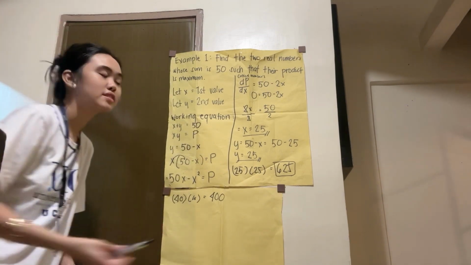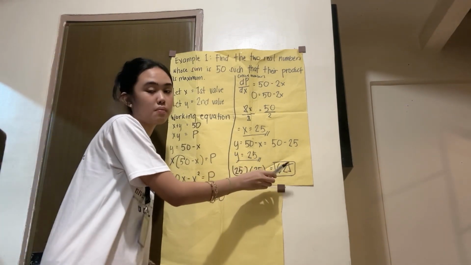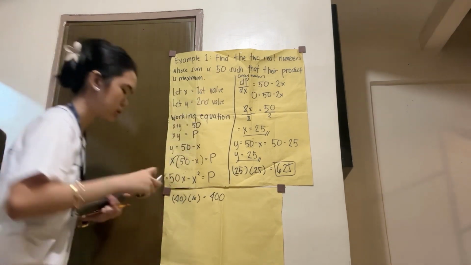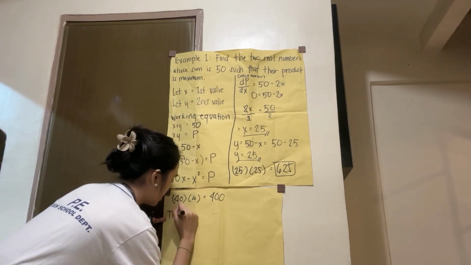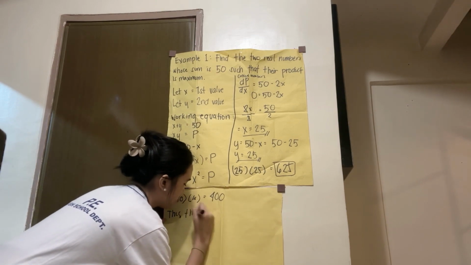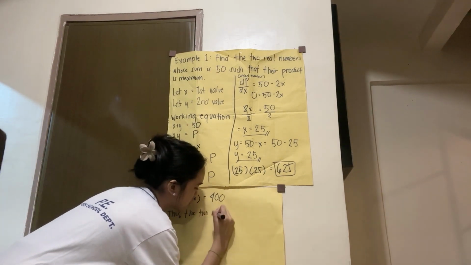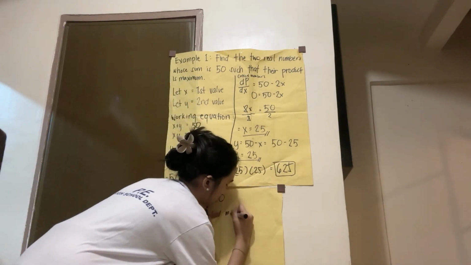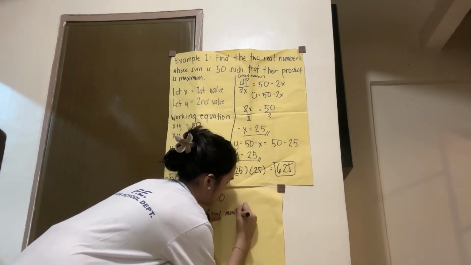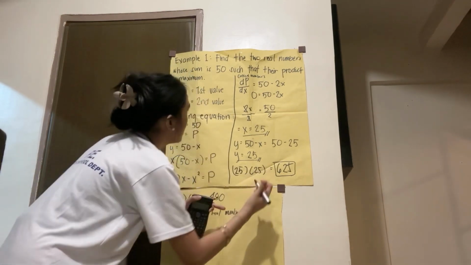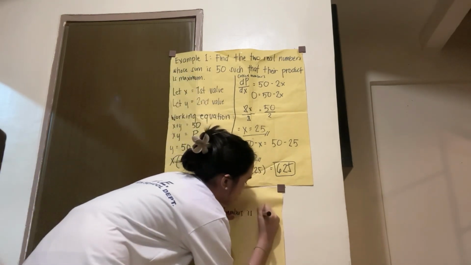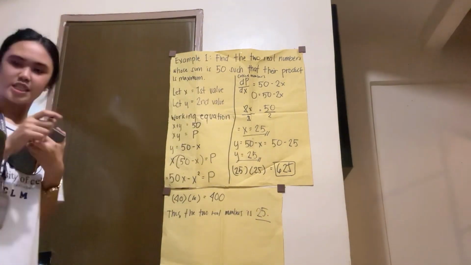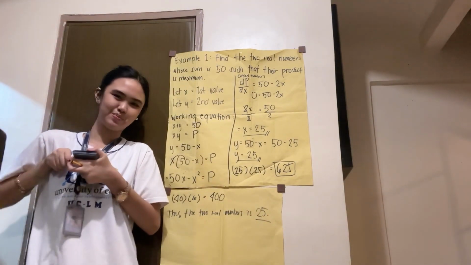So meaning to say, this one is bigger. This is the maximum product of this problem. Thus, the two real numbers are 25 and 25. So that is example number 1.